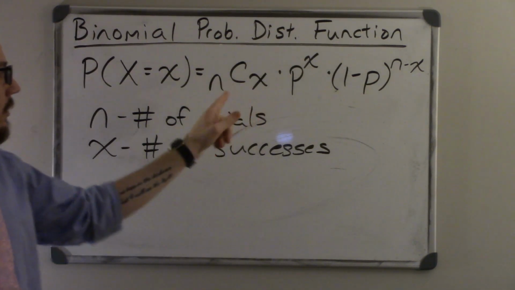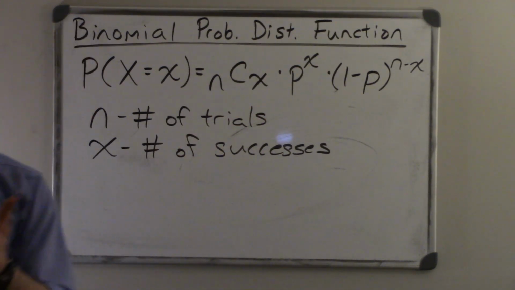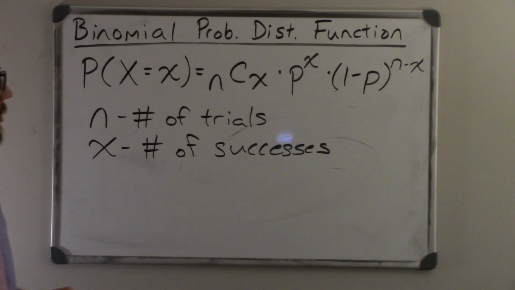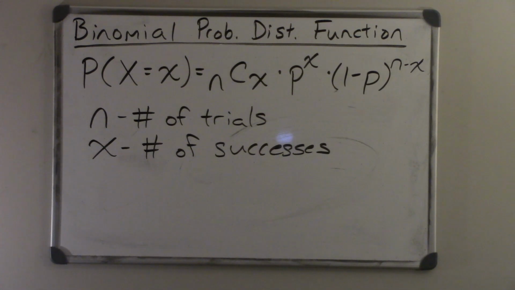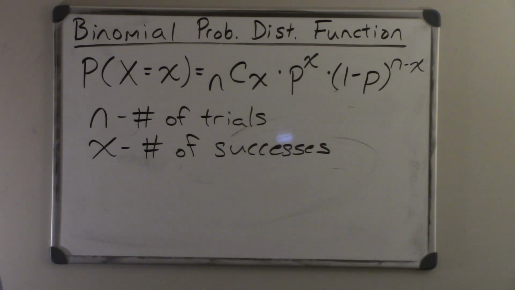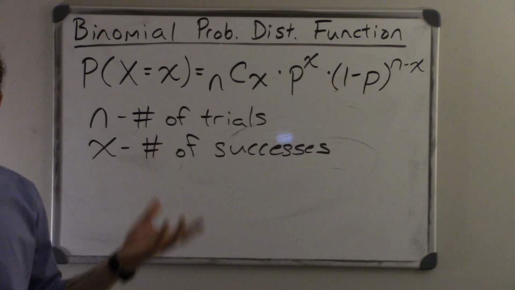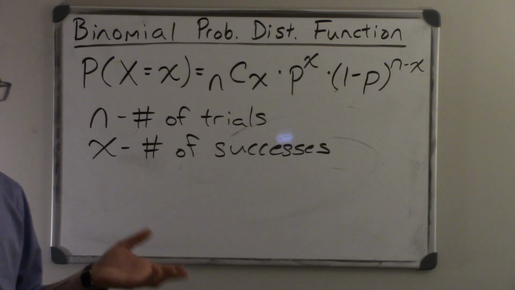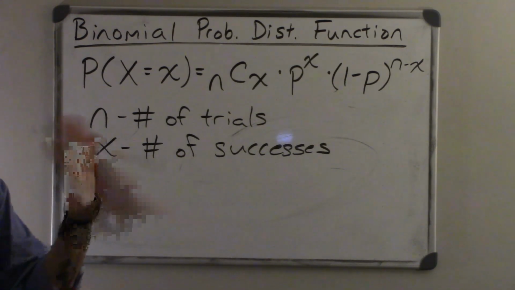And this whole function here is just our combinations function, nCx. We talked about that at the end of the last chapter, chapter 5. So this is just a function we're going to find in our calculator. If you've got a Texas Instruments, it's going to be under a probability menu. If you've got a more basic or scientific calculator, it's probably up near your second button. If you have a graphing calculator, it's going to be in some menu somewhere.